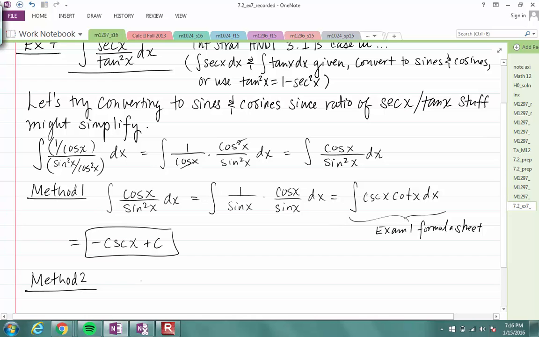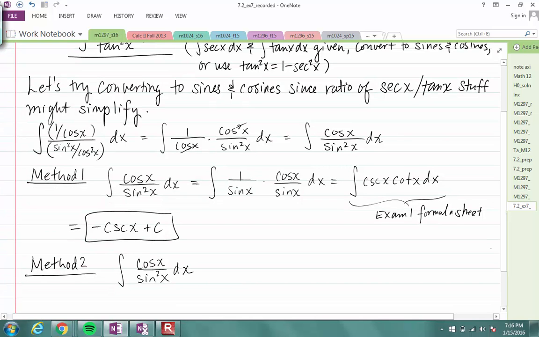Another really good way, so I'll write method 2 here, is to pick up from what we have here. We left off with cosine of x over sine of x squared. And going back to basics here, maybe some sort of substitution would work. And what would that substitution be? Notice that we got a composite function down low.